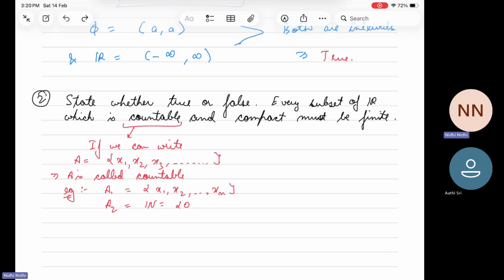It has infinite elements, 1, 2, 3, but we can always enumerate them. Then we have the set of integers, also the set of rationals. These are some basic examples of countable sets. Next comes the compact set.